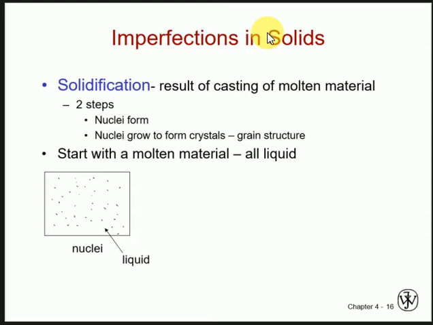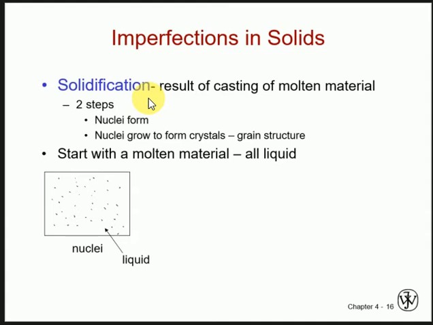Let's say the material is first liquefied, melted at a higher temperature. Then when it is cooled, solidification occurs. How does solidification occur? It's not like the whole material which is liquid is transformed into the solid form at a single point. It does not happen that way.